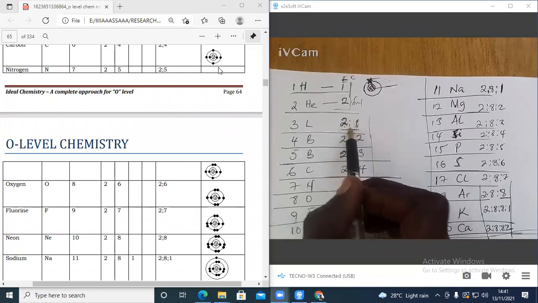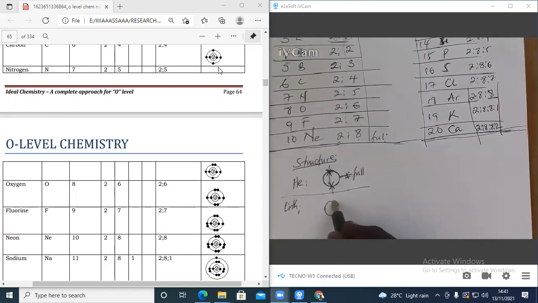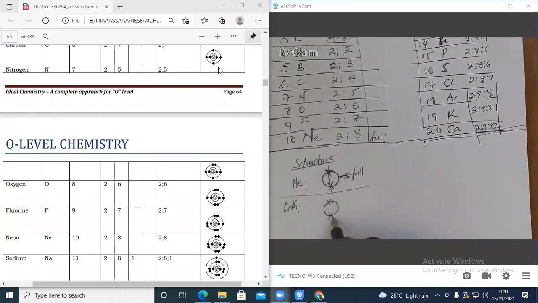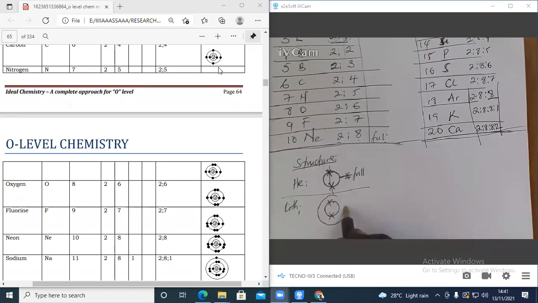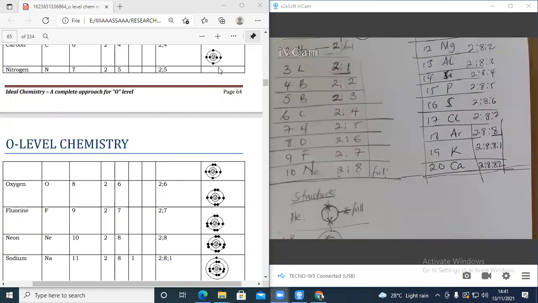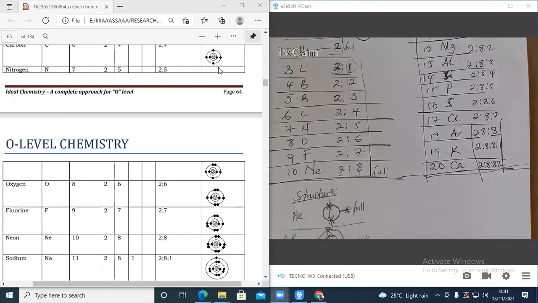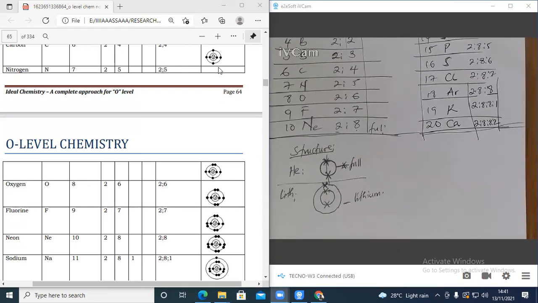This is the first shell, this is the second shell. The first shell was filled by 2 electrons. The second shell is the outer shell, and there is only 1 electron on it, so you indicate 1 here. This is the structure of lithium.